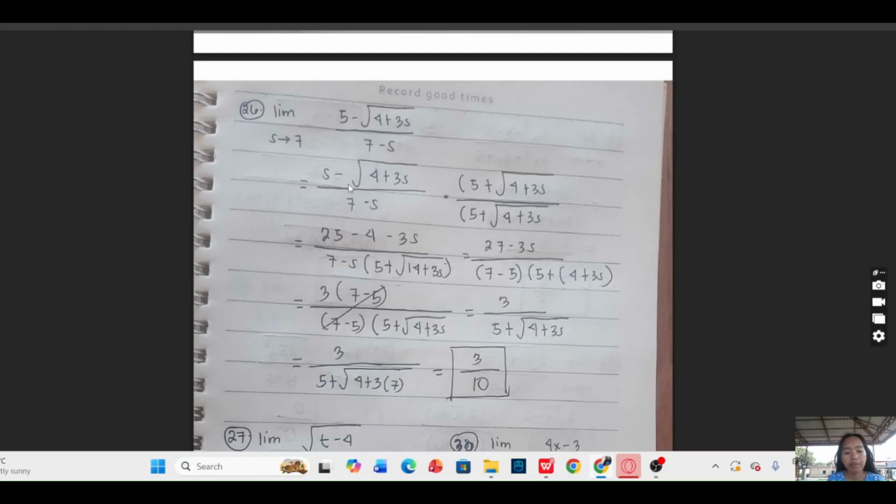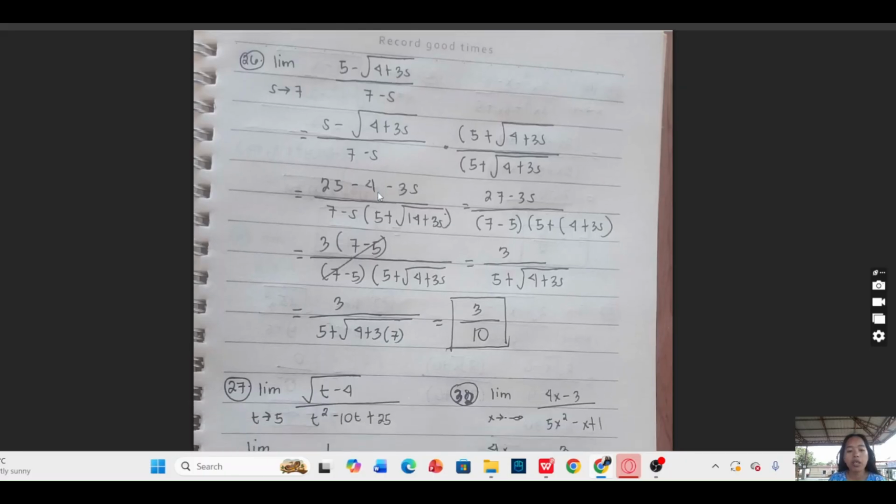So we will rationalize it. We multiply it by our first original expression, but we need to change the sign to plus. So that will be multiplied by the quantity of 5 plus square root of 4 plus 3s over 5 plus square root of 4 plus 3s again.